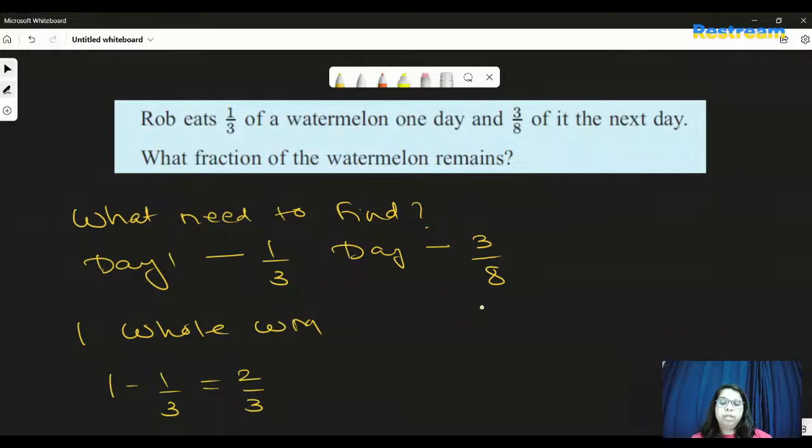On day 2, 2 by 3 minus 3 by 8, which is (16 minus 9) over 24, which is equal to 7 by 24. So 7 by 24 of the watermelon was left.